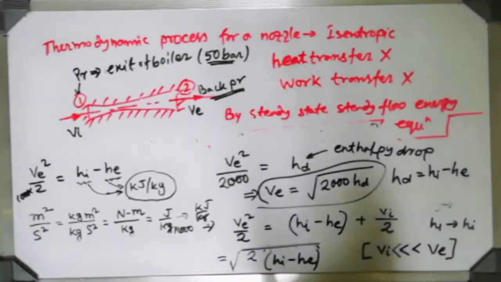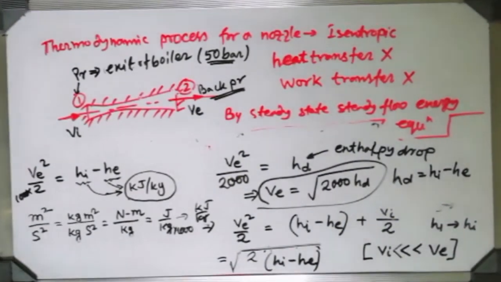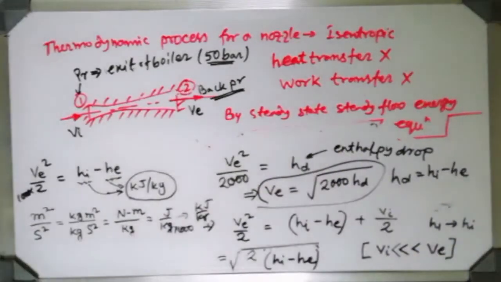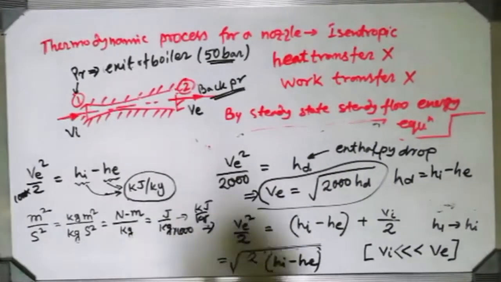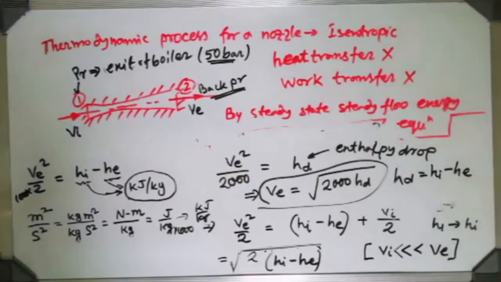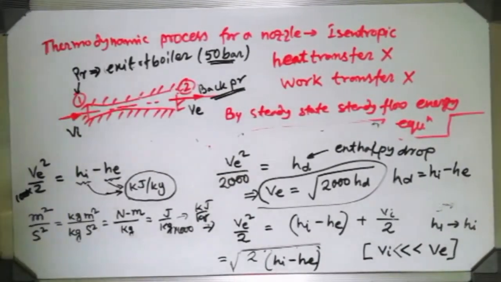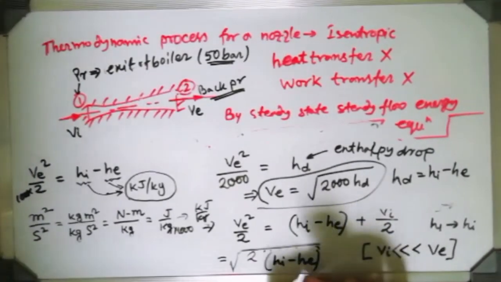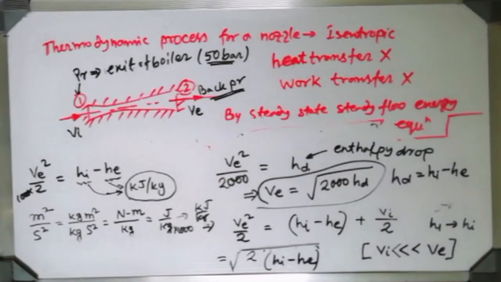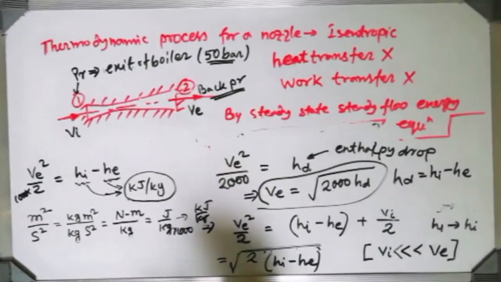They cannot be given for 1 or 2 marks. But a small numerical can be given, like enthalpies are given and you have to find out the exit velocity of the nozzle, and along with the enthalpies, the inlet velocity of the nozzle is also given.